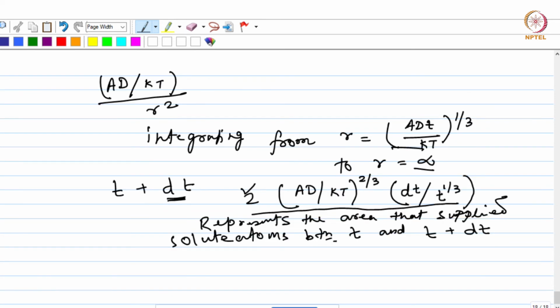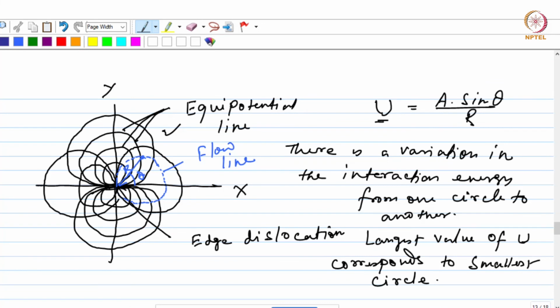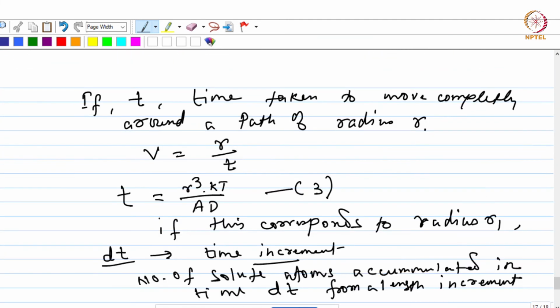Right. So this factor 2 comes because there are flow lines on both sides of the dislocation, right? As I showed over here, you have the flow lines on either side, on right hand side as well as on the left hand side, simply because equipotential lines are on both the sides, and since the flow lines are normal to the equipotential lines, you should have the flow lines on either side of the dislocation, right? And that is why this factor 2 comes over here.